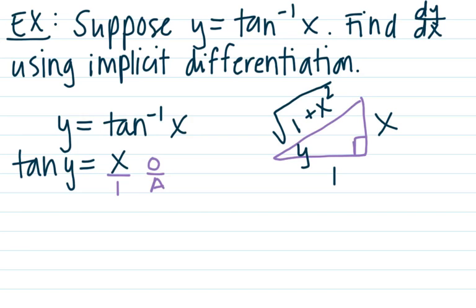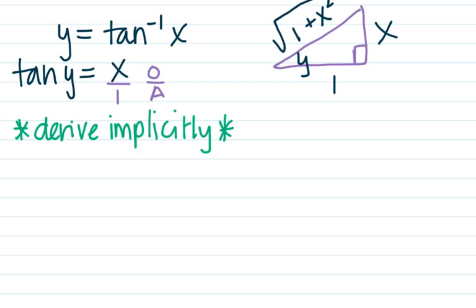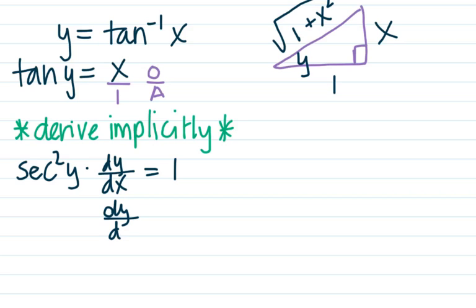And now we're going to derive implicitly, so if we remember the derivative of tangent, we get secant squared y times dy/dx equals 1. So dy/dx equals 1 over secant squared y.